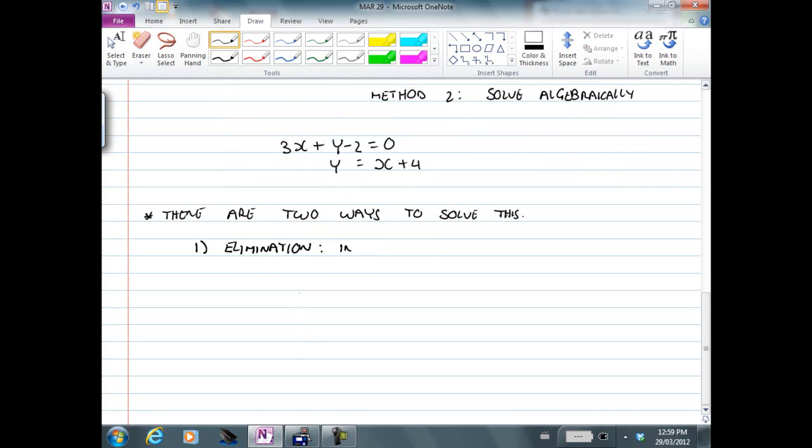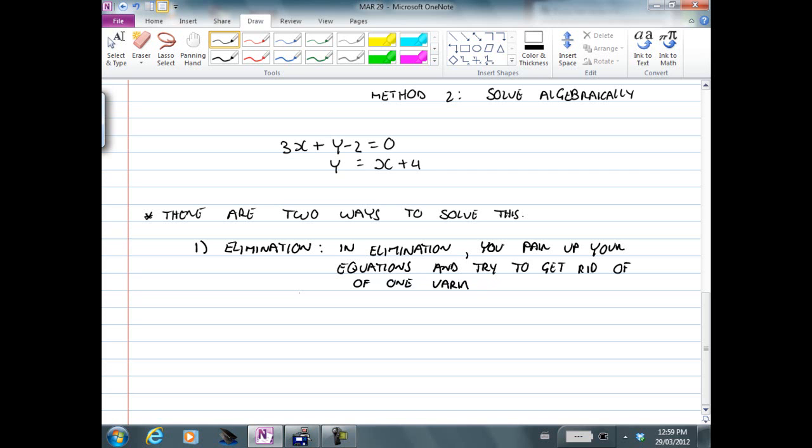In elimination, you pair up your equations and try to get rid of one variable. This is called elimination. So we're going to pair them up.